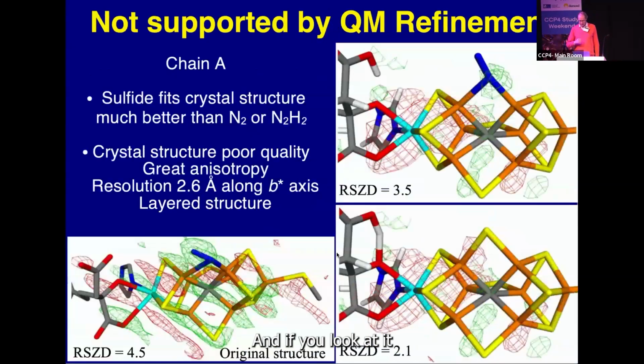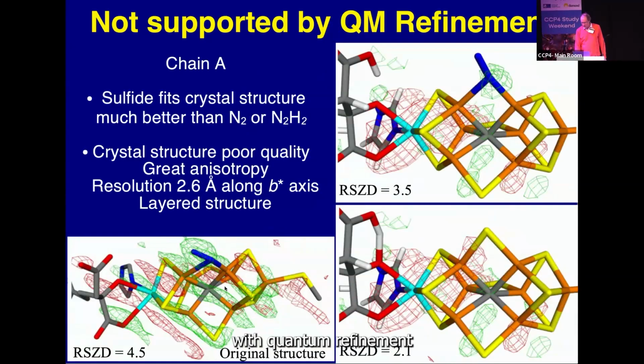And if you look at it more closely, you see that it's very anisotropic, and that the resolution is very bad along some of the axes. And then they have reinforced the anisotropy by using anisotropic B factors, giving these layered structures of densities.